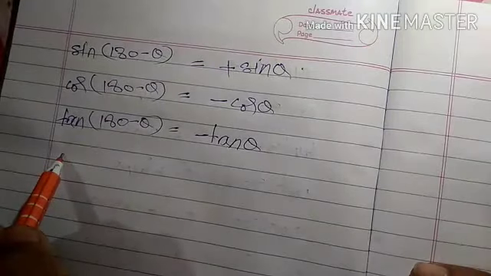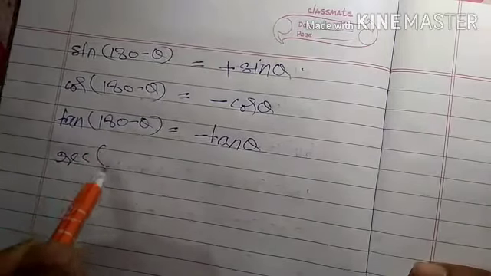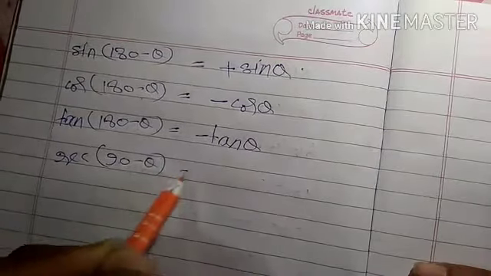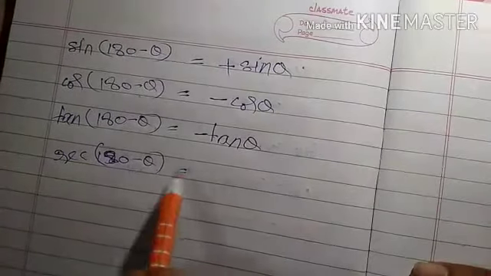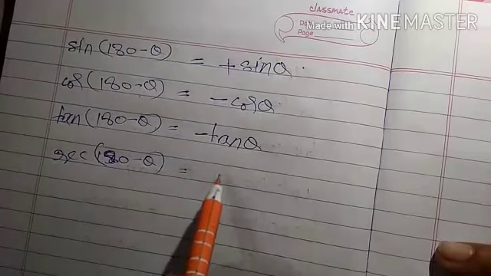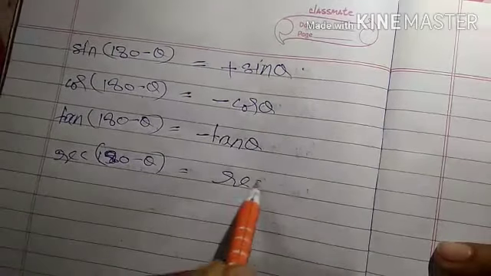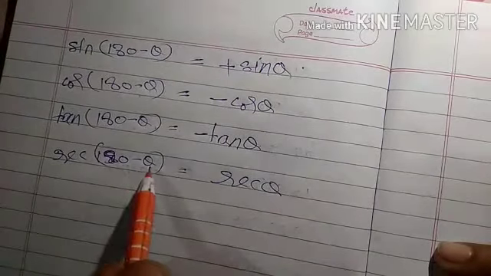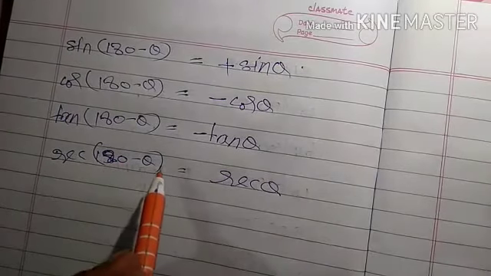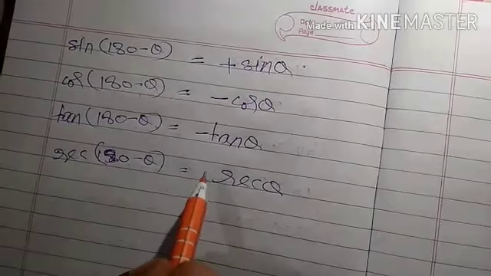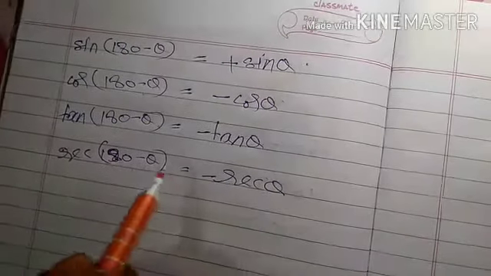Next, sec(180 − θ). 180 − θ, function change is not allowed, so sec θ. It is in the second quadrant, only sin θ and cosec θ are positive, so sec θ is negative.